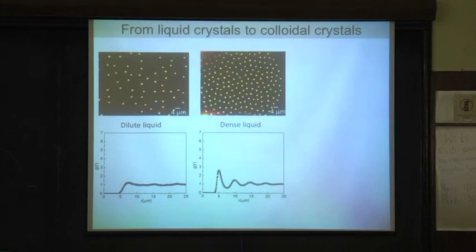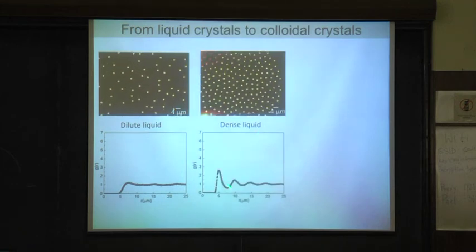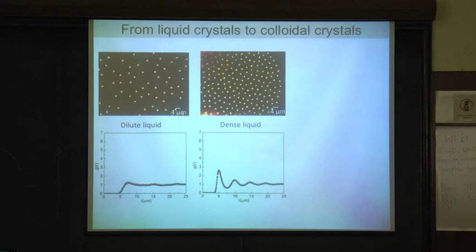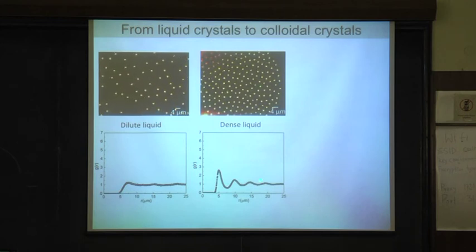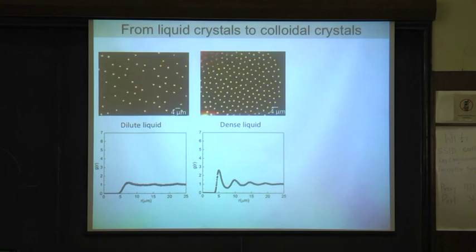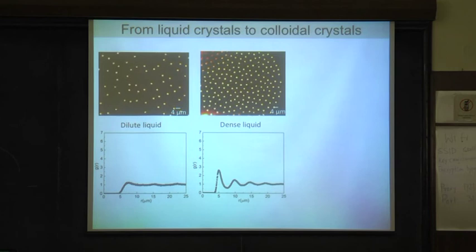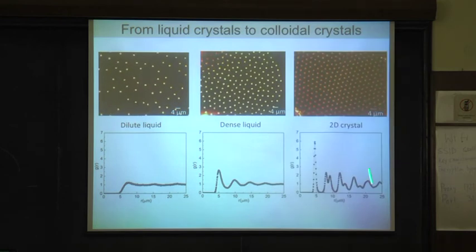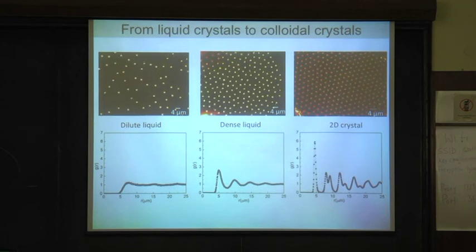As I increase the number density of clusters, short range order sets in, and I get beautiful peaks at each ordered region. And at the highest number density, I get hexagonal lattices with regularly spaced peaks.